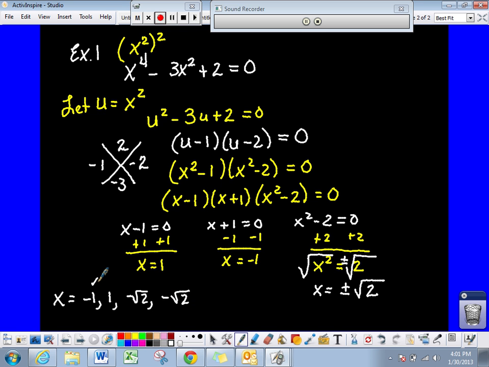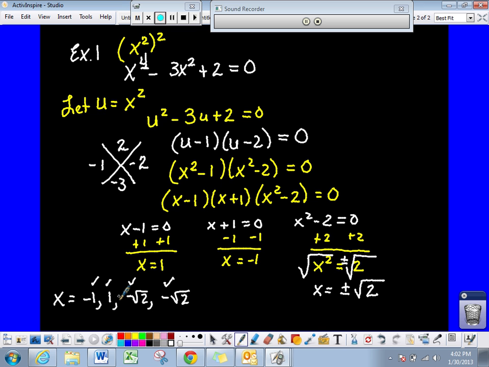So we got 1, 2, 3, 4 solutions, and if we go back up to our beginning problem, we had 4 as our leading exponent, and we have 4 solutions. Okay, so those match up.